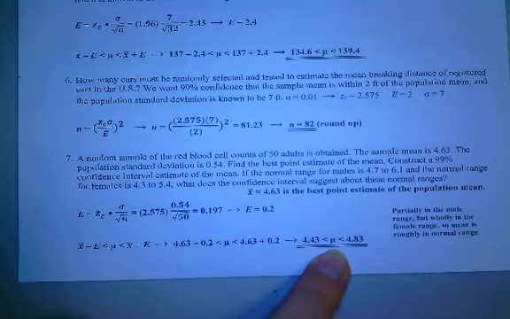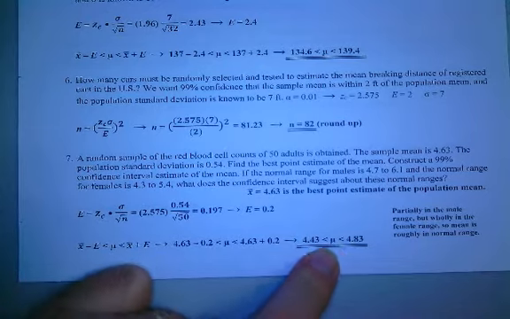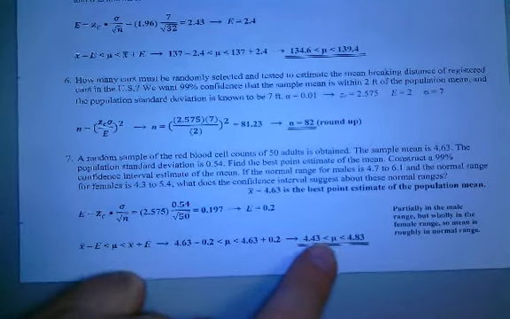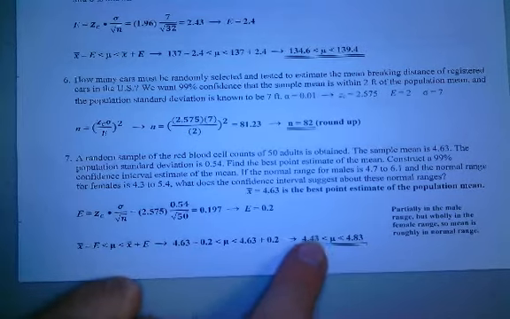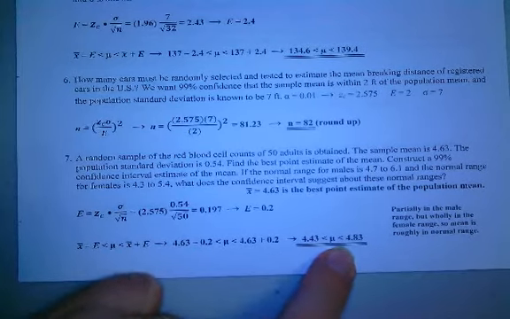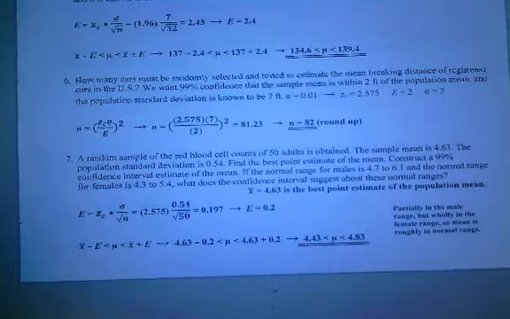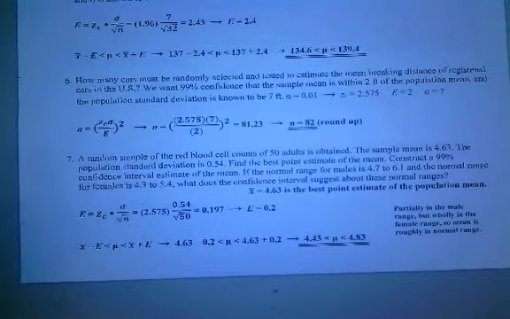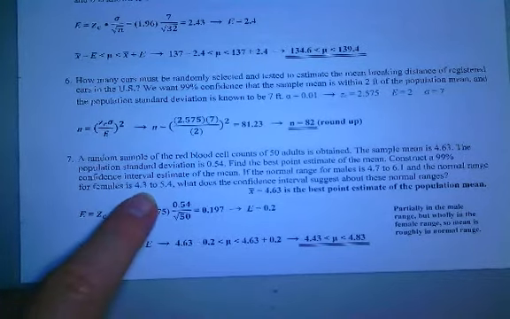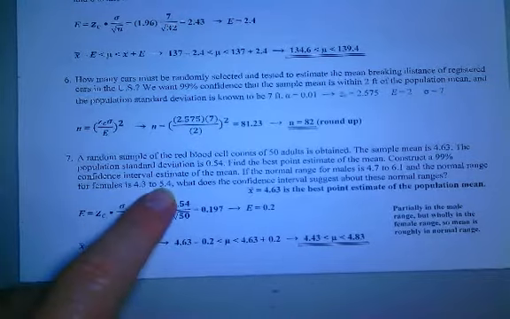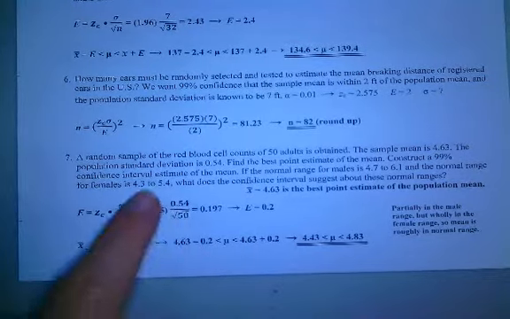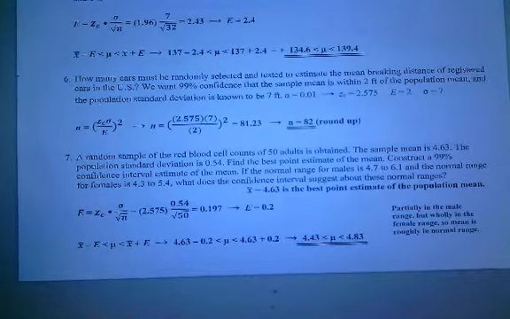Now, our males went from 4.7 to 6.1. So all of this, almost 4.4, 4.7, so not quite all, but a lot of it, of this range, is within the normal range for males. On the other hand, this 4.3 to 5.4, all of this is within the range for females.